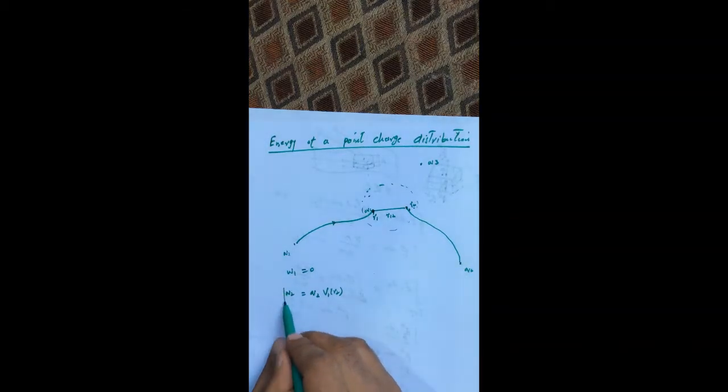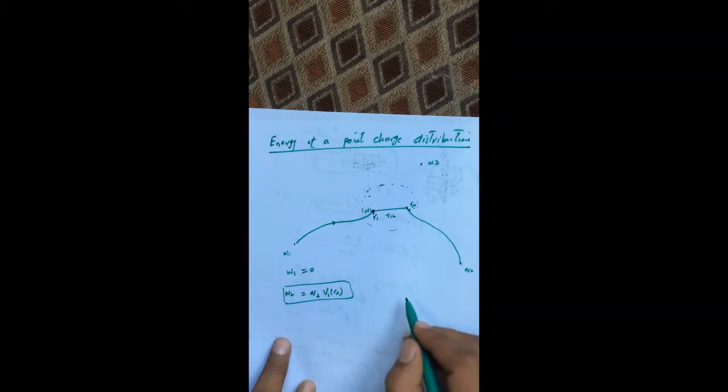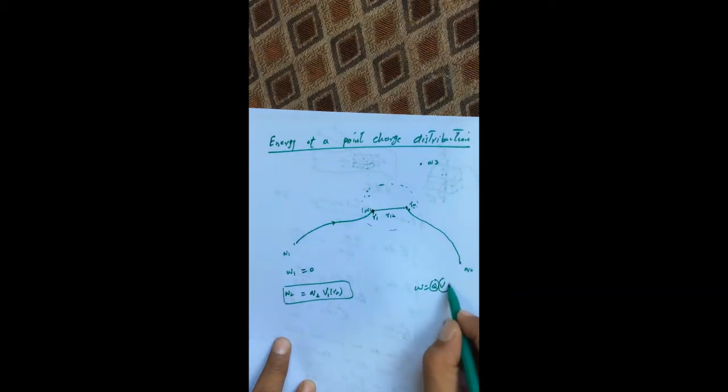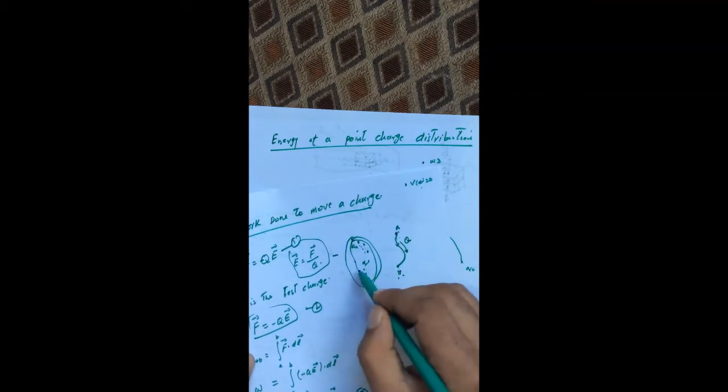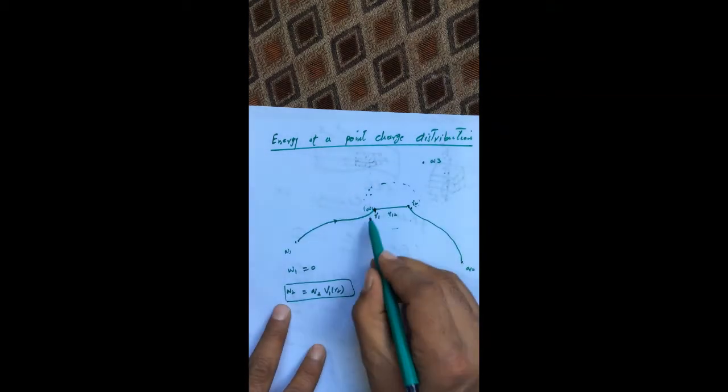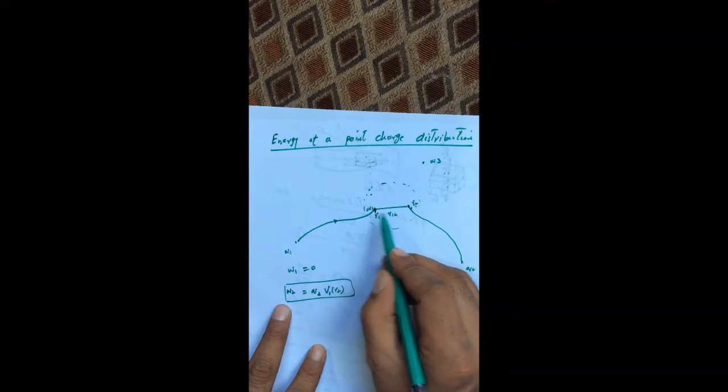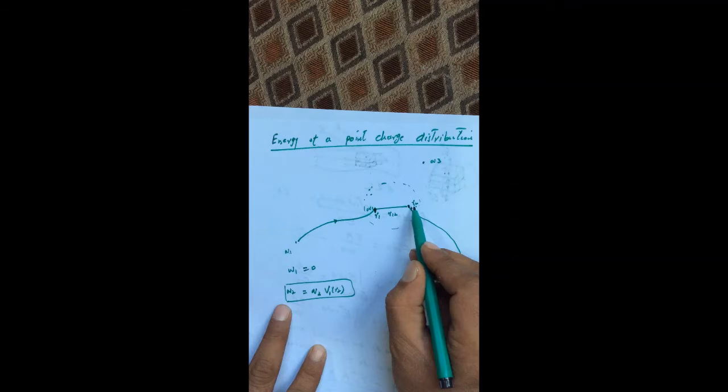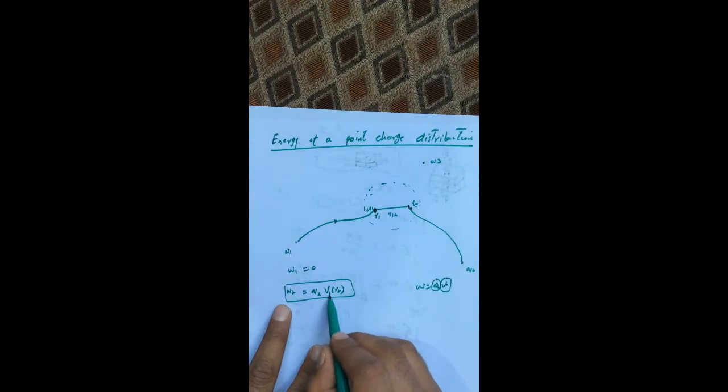So the work done will be this one, because we already calculated this relation, W is equal to Q into V, where Q is the test charge, and V is the potential of the field of source charges. Now here the source charge is Q1, and we are bringing this charge to this one, so the source charge field at point R2, that's why it is V1 at R2.